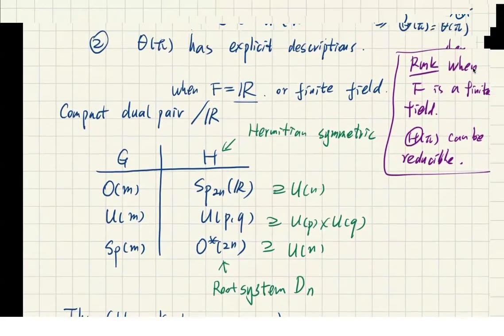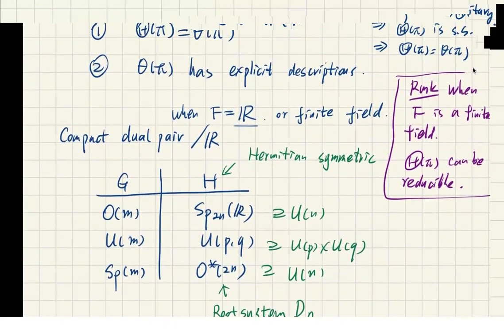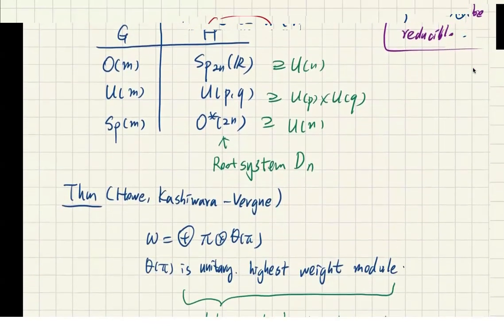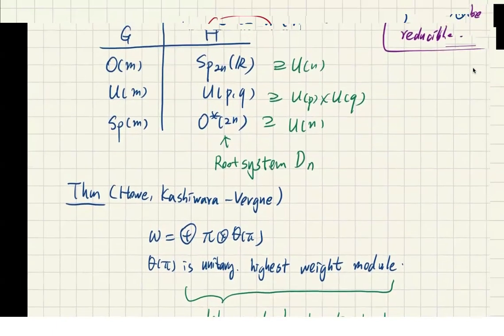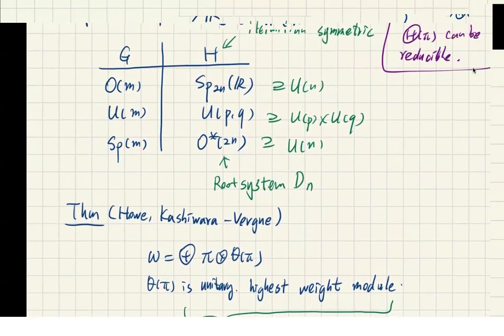But a quite interesting case is when F is a real field, and so you will have something called the compact dual pair case over R. So basically you will have three possibilities.